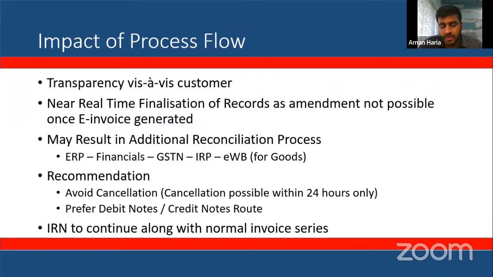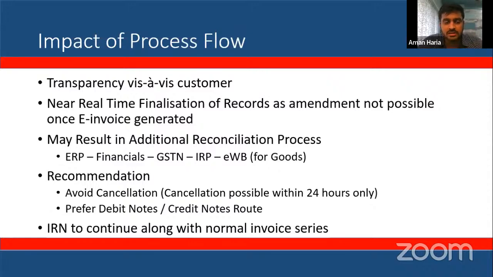Because if you permit cancellation, you are in a way allowing some exceptions to be reported in your own system, and if there are exceptions in the system itself, this will lead to bigger problems of reconciliation. Sometimes it may happen that you have cancelled invoices in your software but missed cancelling in your IRP portal. Likewise, you have cancelled at the IRP portal but have not cancelled in your books. So to avoid all of this mismatch, it can be made a standard procedure that no cancellation should be done. If there is any amendment required, that should be done through debit notes or credit notes only.